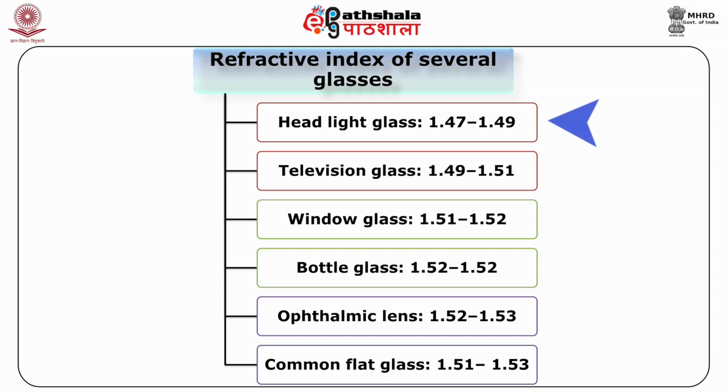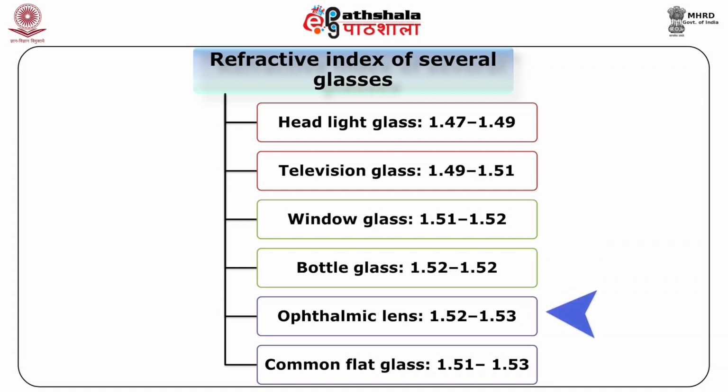Headlight glass: 1.47 to 1.49. Television glass: 1.49 to 1.51. Window glass: 1.51 to 1.52. Bottle glass: 1.52 to 1.52.